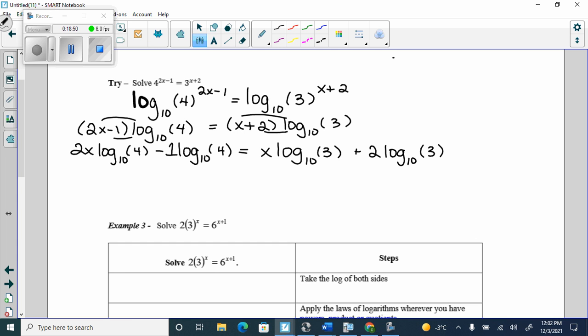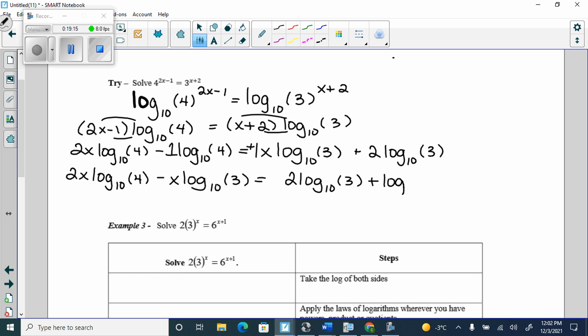And then we get our x's together. So I'm going to subtract the x over: 2x log base 10 of 4 minus x log base 10 of 3, because currently it's a plus. And then on this side I have 2 log base 10 of 3, and I have a minus log base 10 of 4, so to move it I'm going to add log base 10 of 4.